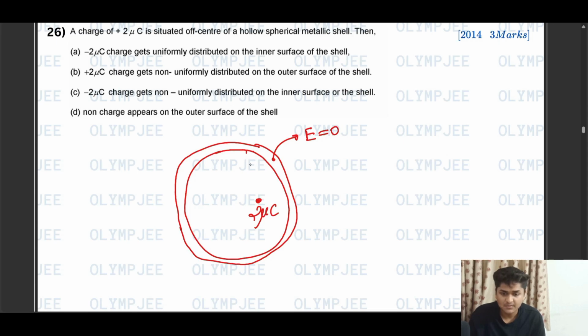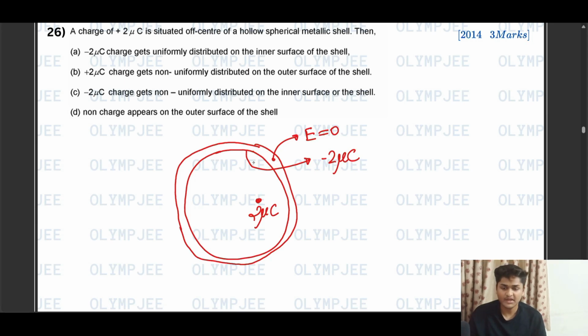So a charge of minus 2 μC will be distributed on the inner surface, so that by Gauss law we have 0 charge enclosed inside the circle, right?